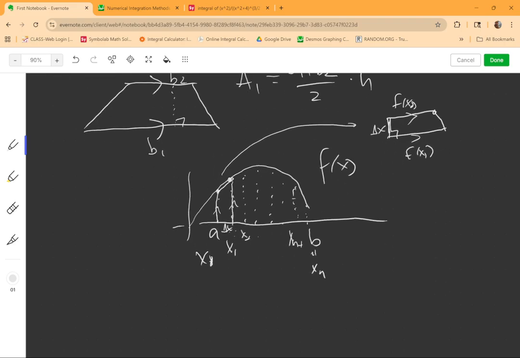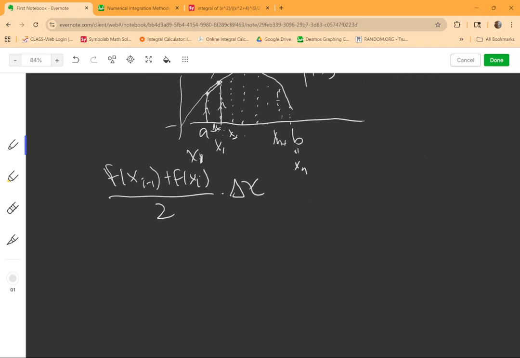So the area of the trapezoid can be written, just to keep it general, as f of x sub i minus 1 plus f of x sub i, two consecutive values of the function, divided by 2, and then times the height, which is delta x.